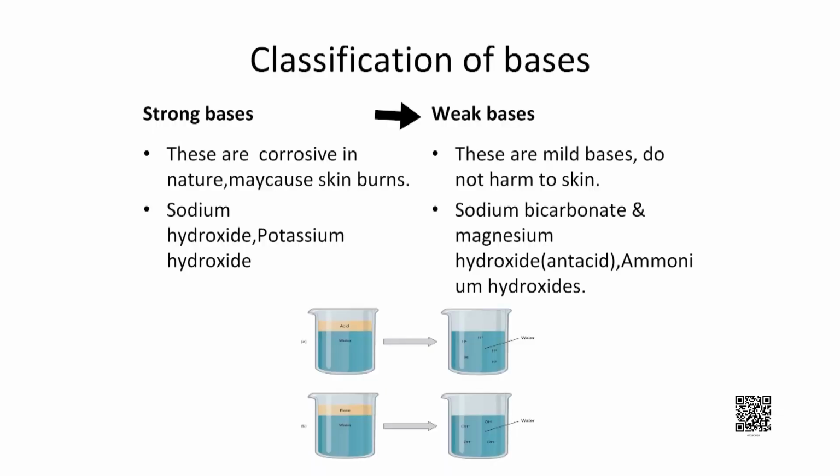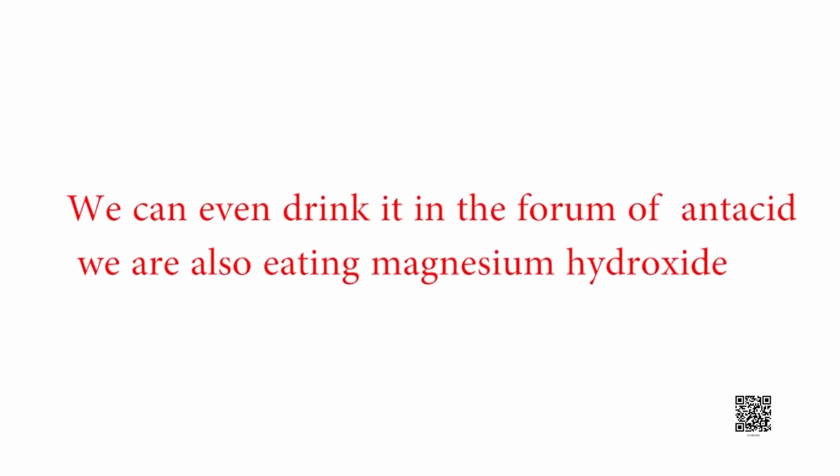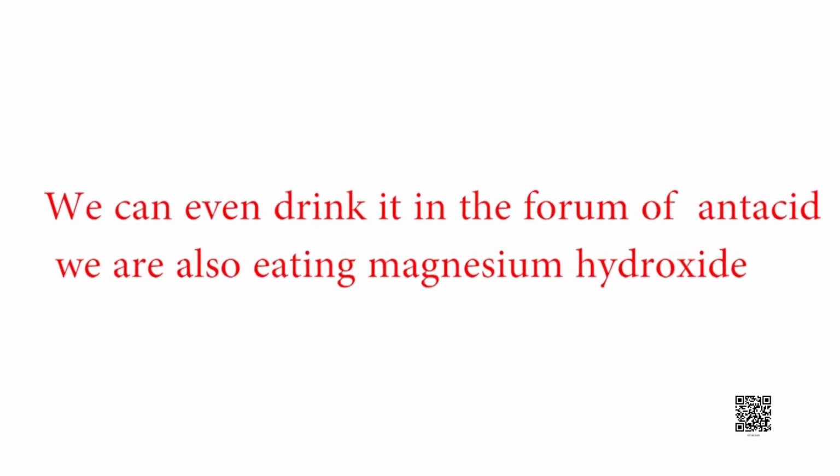The next category is weak bases. What are weak bases? These are mild bases which do not harm the skin. For example, you can even eat sodium bicarbonate. Sodium bicarbonate is a very mild base. We can even drink it in the form of an antacid. We also take magnesium hydroxide, that is milk of magnesia, for antacid purposes.